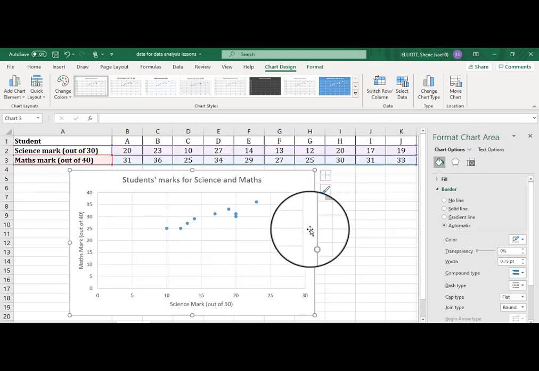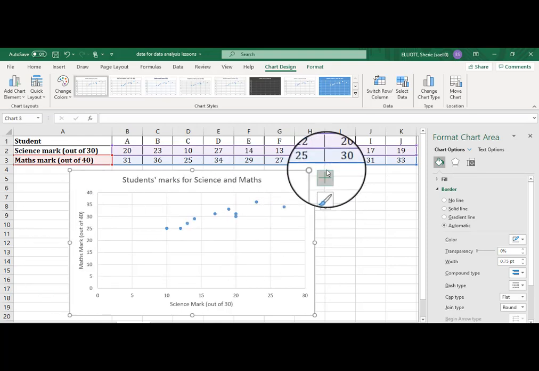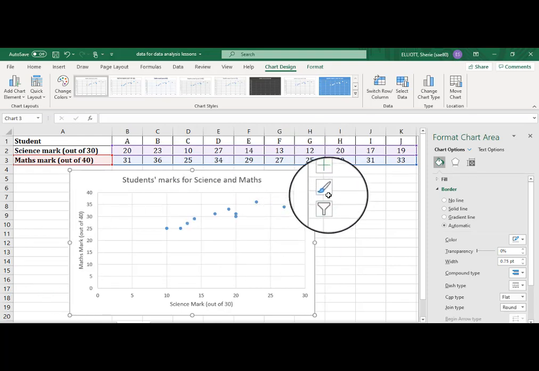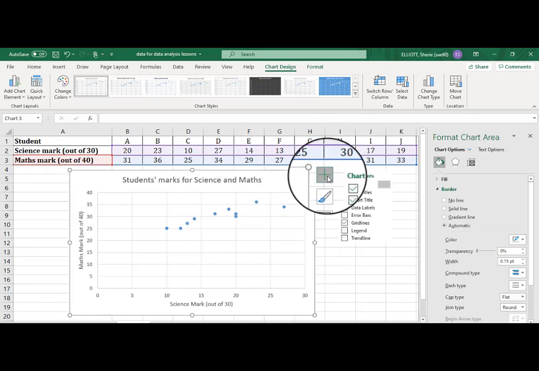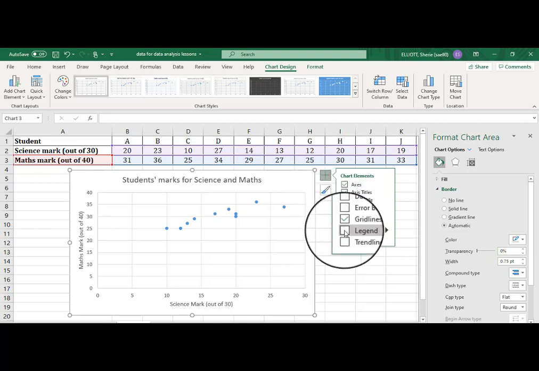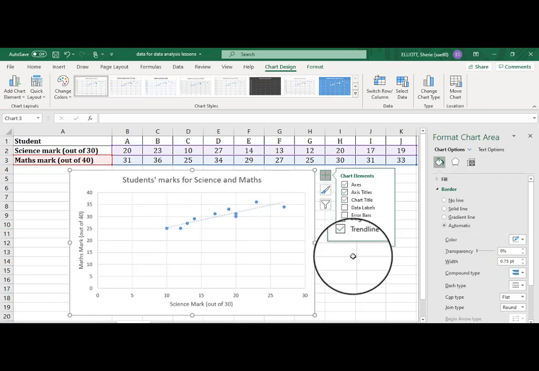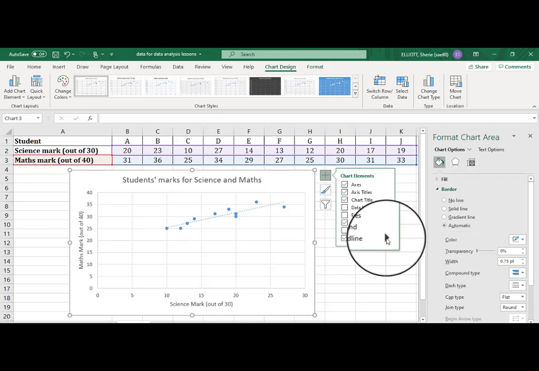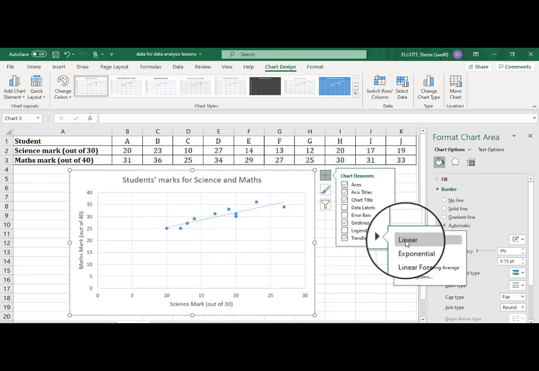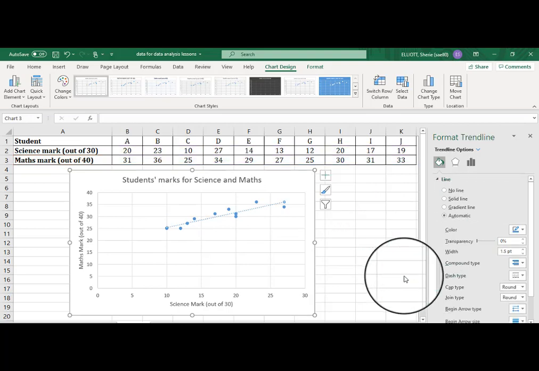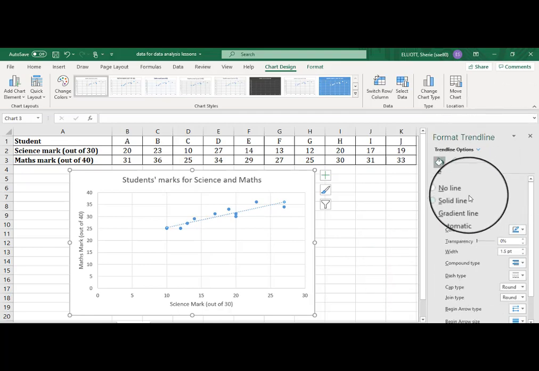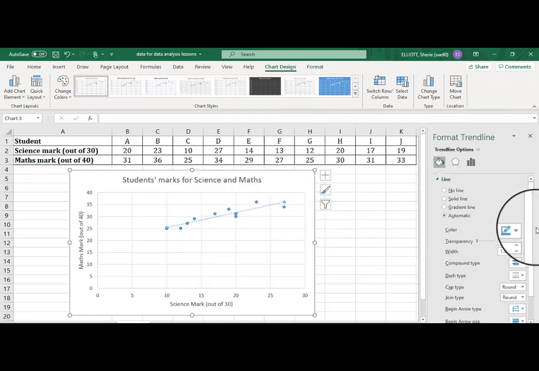Now, if you click on the graph, you can see these options here. If I press plus, I want to choose the trend line. So I'm going to click trend line, and you can see that line of best fit is now on the graph. Okay, there's also a little arrow next to trend line, and I want to go to more options for that, but it already opened before because I was playing around anyway.